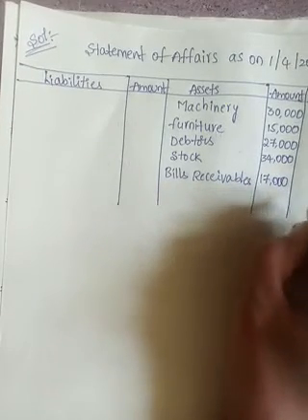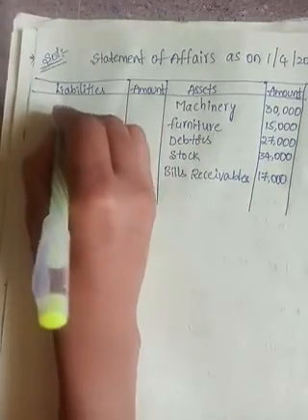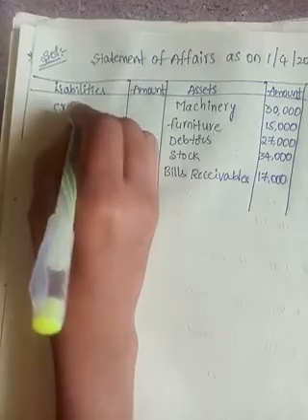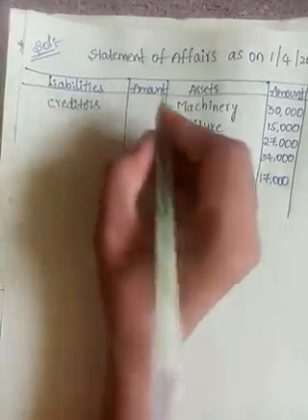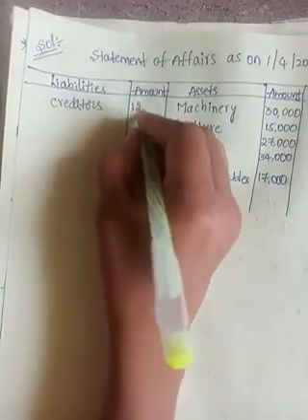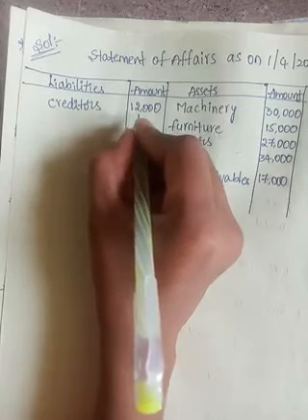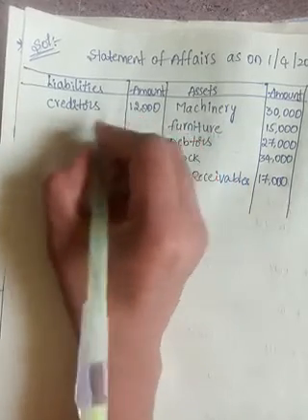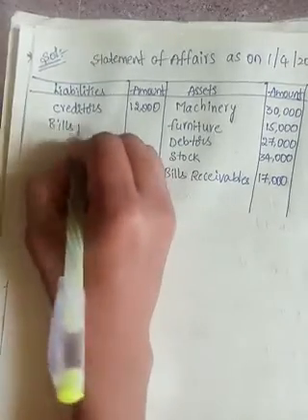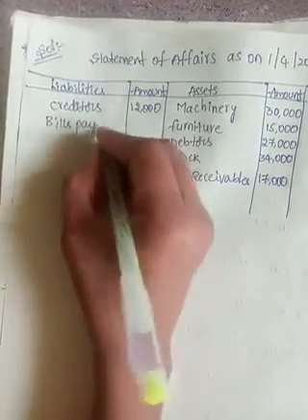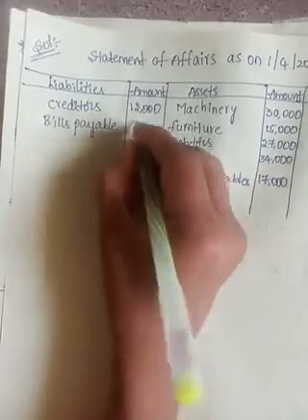Next is creditors, 12,000. Creditors value is 12,000. Next is bills payable, 7,000.